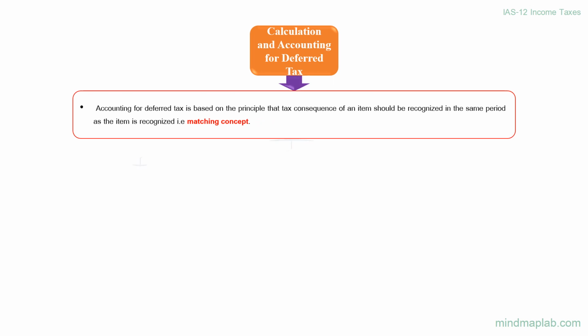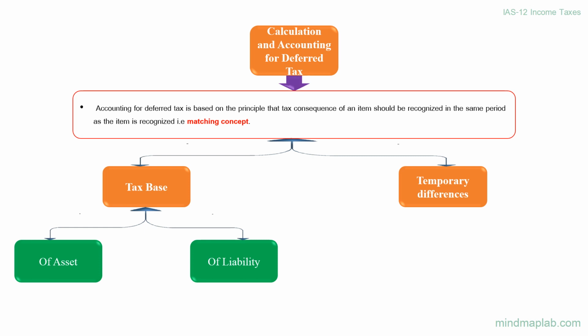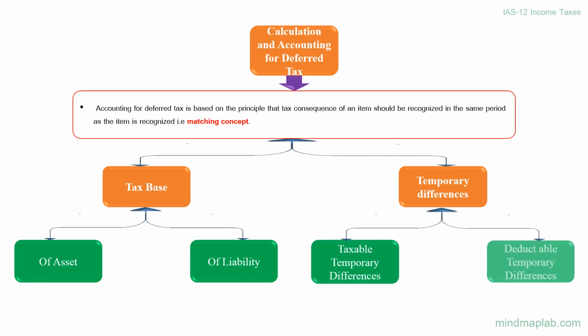Accounting for deferred tax is based on the tax base, which is the amount attributed to an asset or liability as per tax authorities, and the identification of temporary differences, which is the difference between the carrying amount of an asset or liability and its tax base. IAS 12 gives guidance on the tax base of assets and liabilities, with taxable temporary differences and deductible temporary differences.